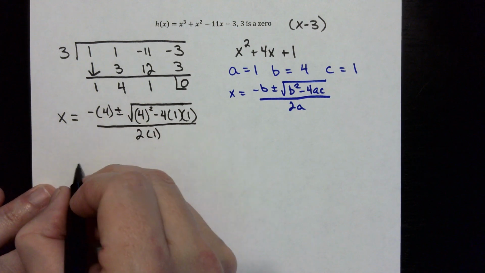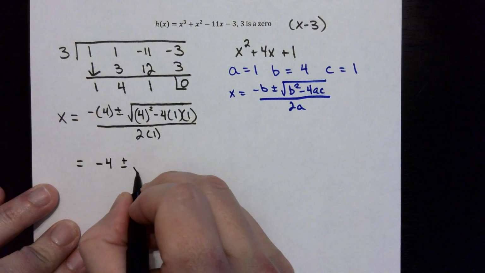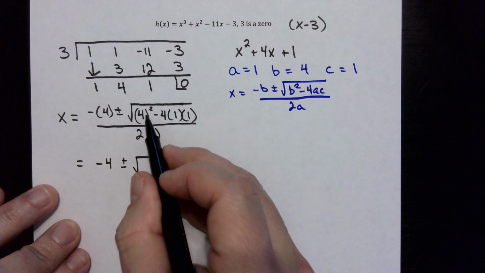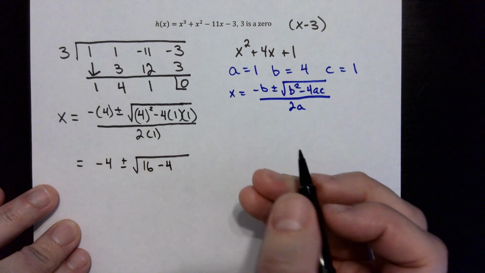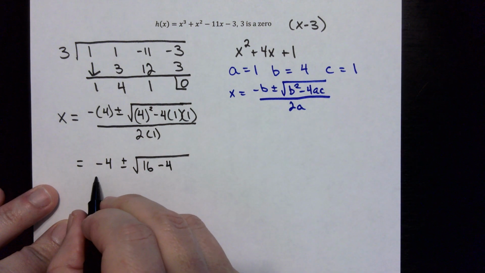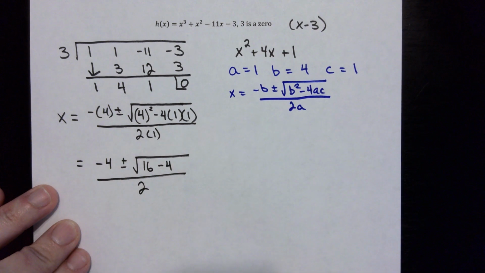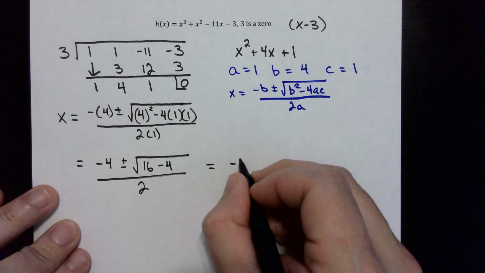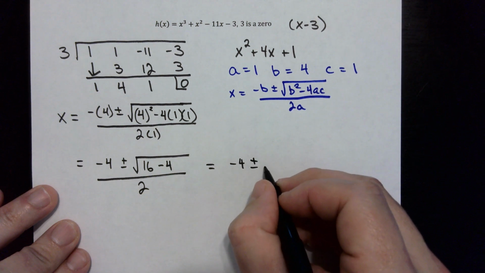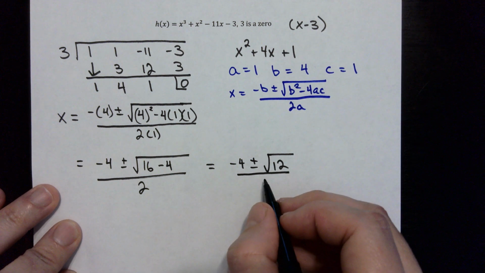We can drop the parentheses on this 4 here, make it a -4 plus or minus square root of, let's see, this is 16, it's 4 squared, and then minus 4. Okay, and then on bottom, we get 2. Okay, and then of course that becomes -4 plus or minus the square root of 12 over 2.